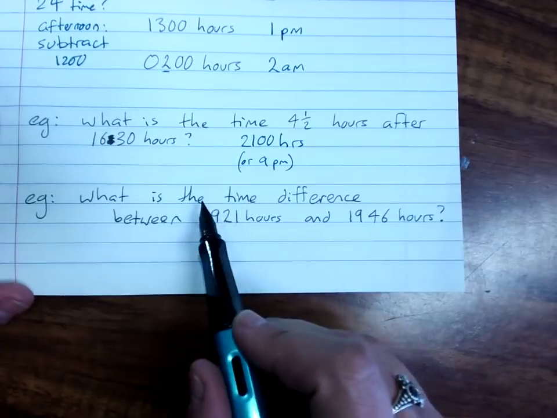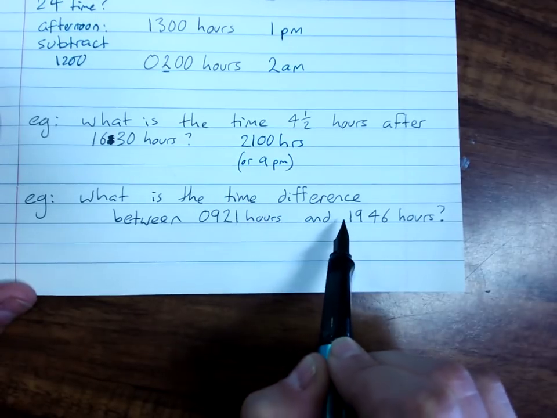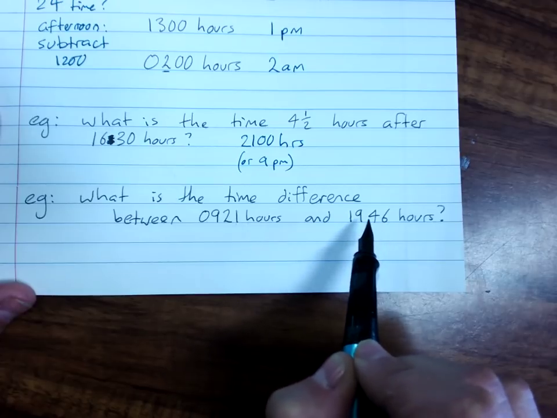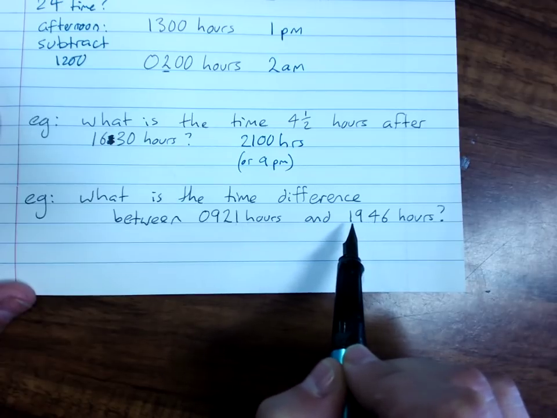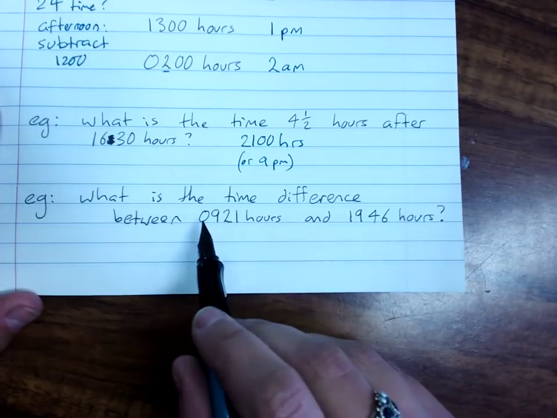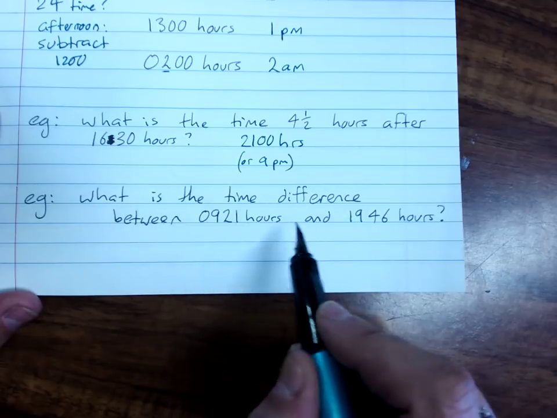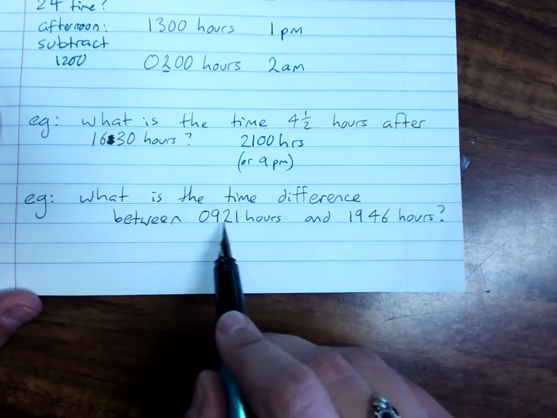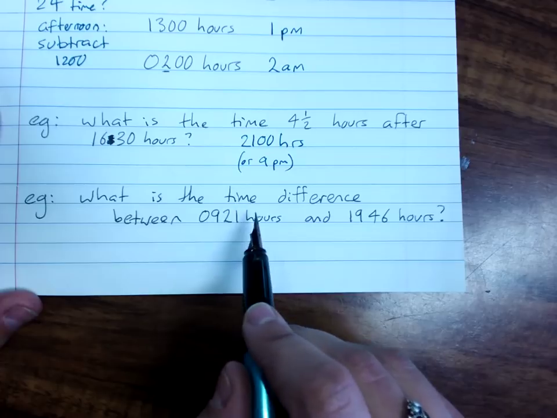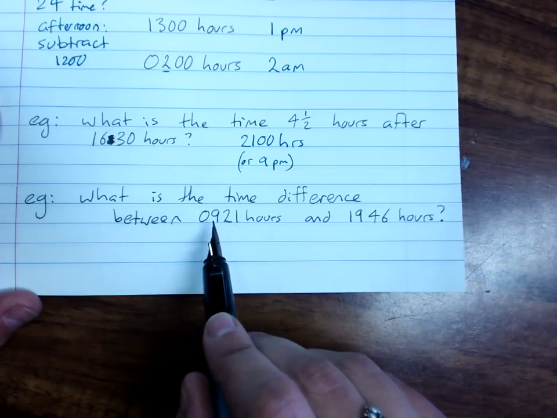What is the time difference between 9:21 in the morning and 1946? Now that is 7:46 p.m. Usually what you're best off doing is counting the full hours and then how many minutes, or how many minutes to get around to the next full hour. It's a bit up to you how you do it.